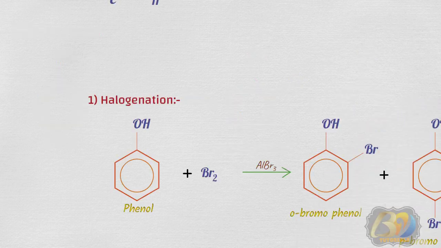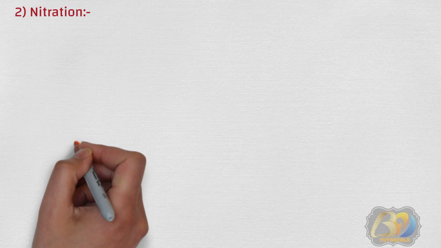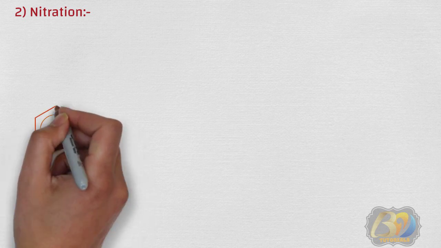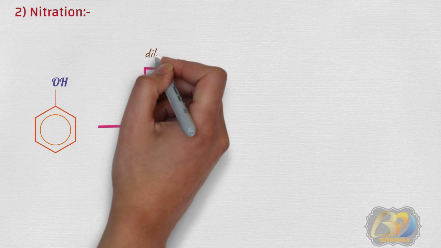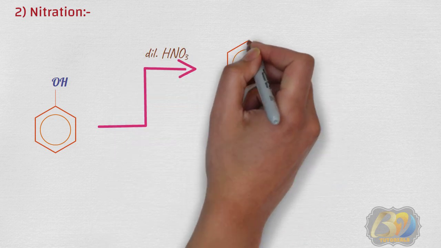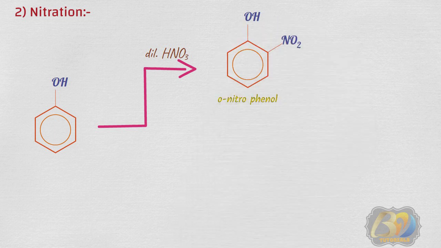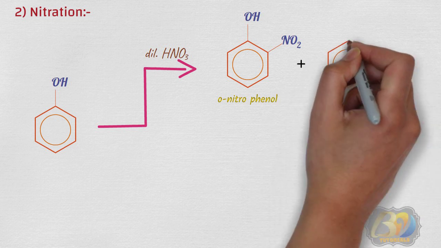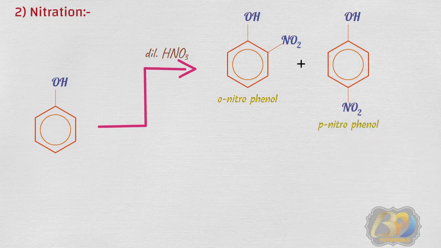The second reaction is the nitration reaction. You know what we mean by nitration: a replacement by nitrogen. In the nitration, phenol reacts with nitric acid in two ways. In the first way, phenol reacts with dilute nitric acid to form a mixture of ortho-nitrophenol and para-nitrophenol with the loss of a water molecule.